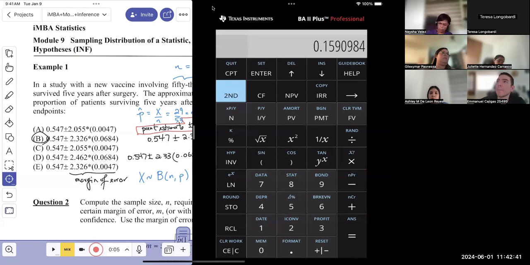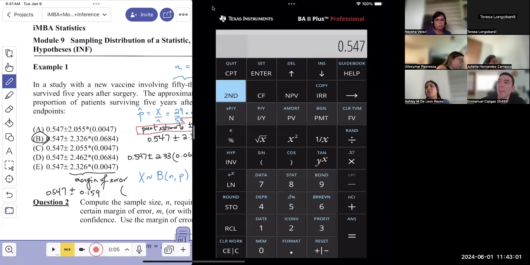So your margin of error is 0.159. So survival is on a range of 39% and 71%.